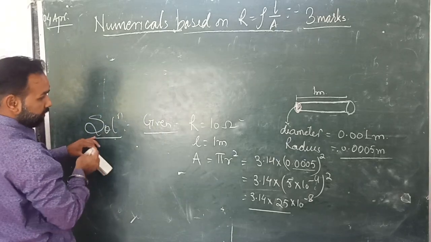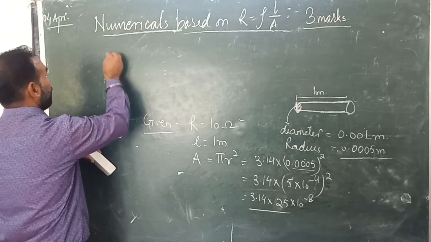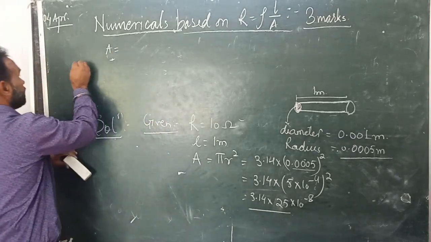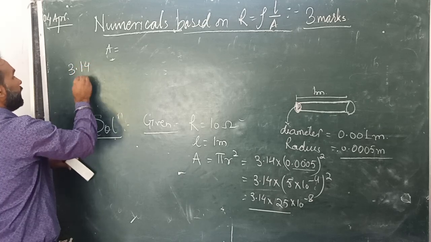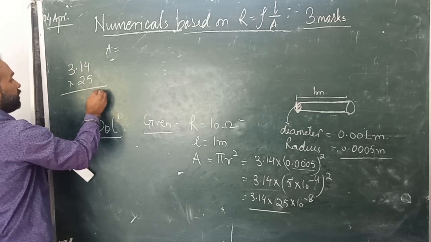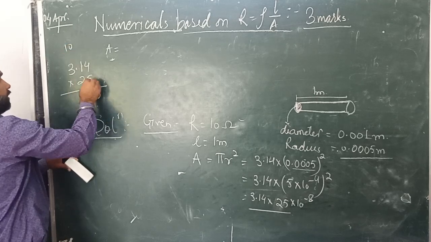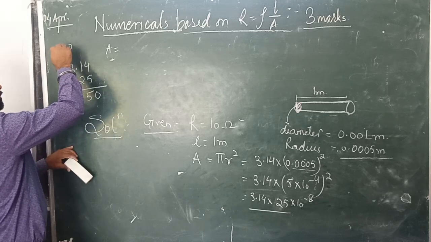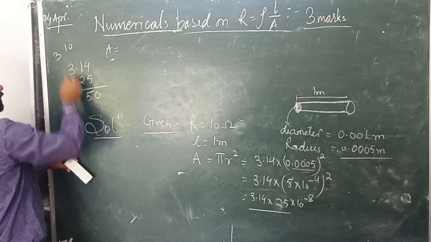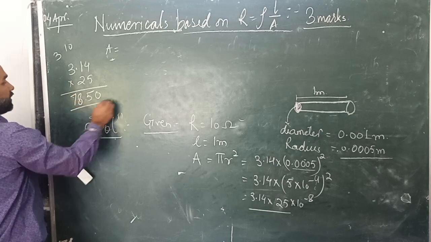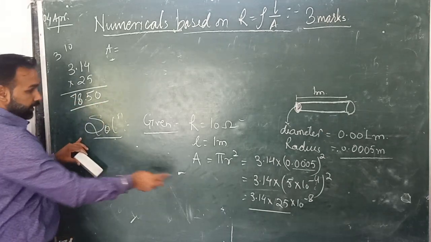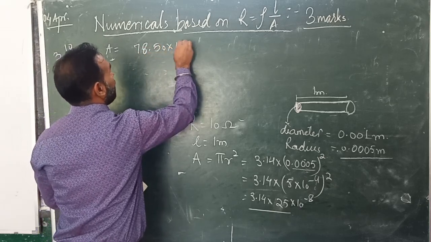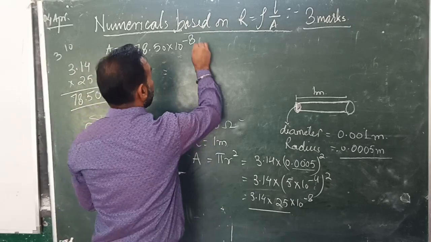You can multiply this, and A will come as 3.14 multiplied by 25, which gives 78.50 into 10 to the power minus 8 meter square.